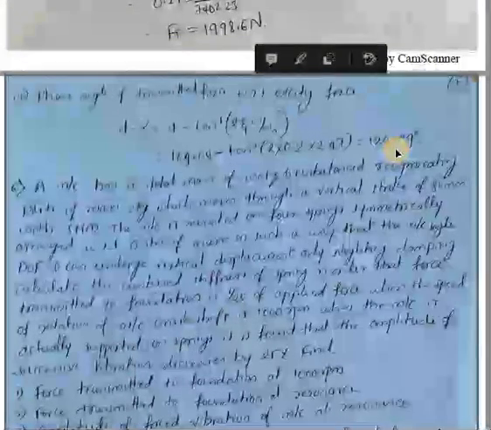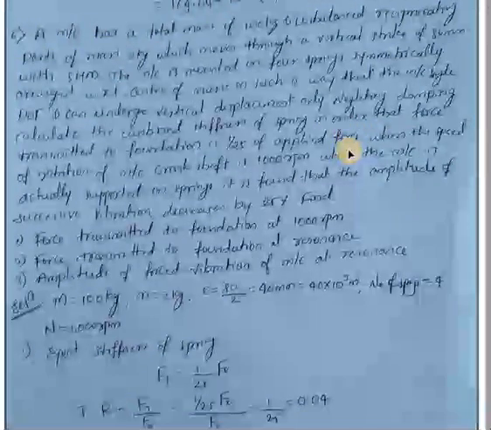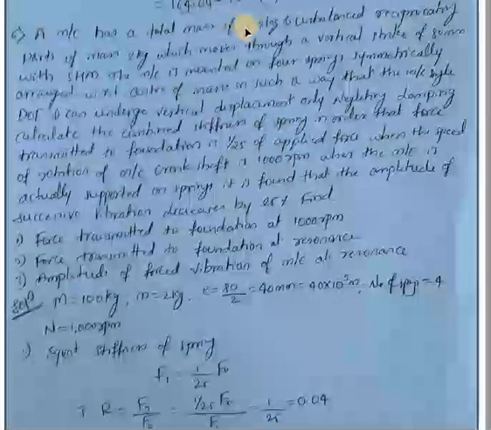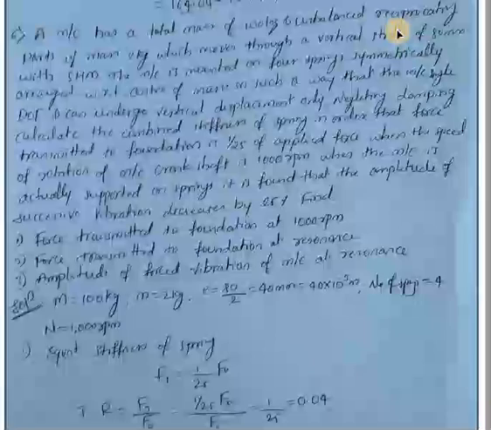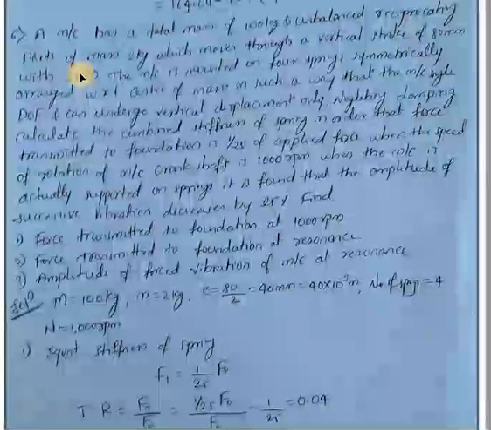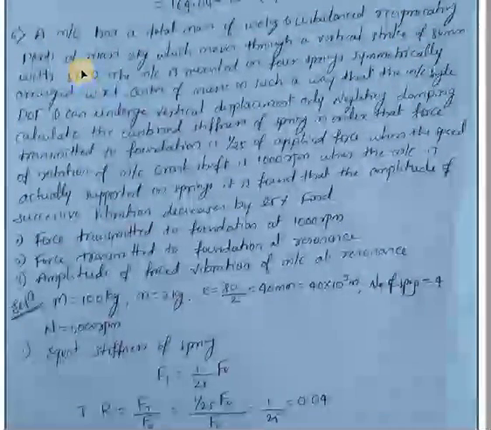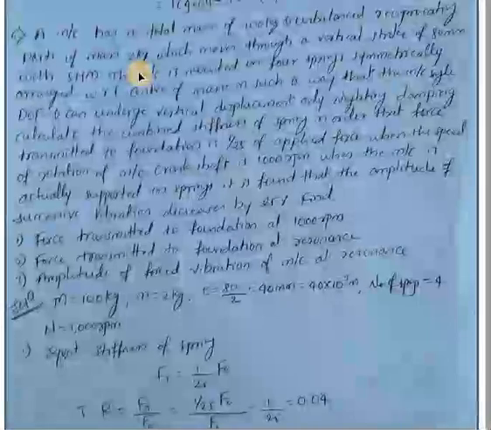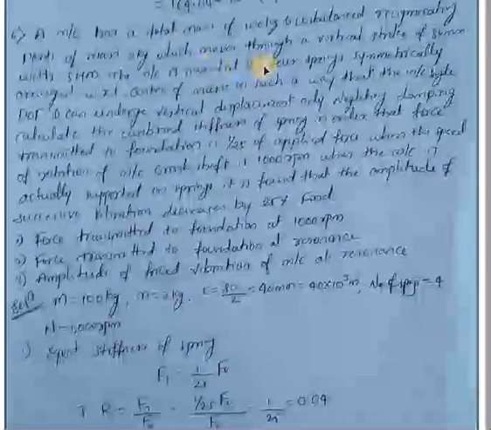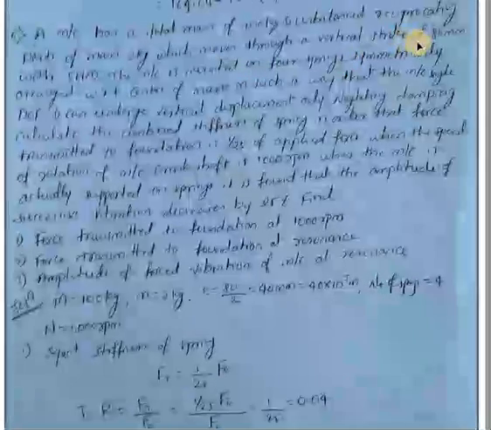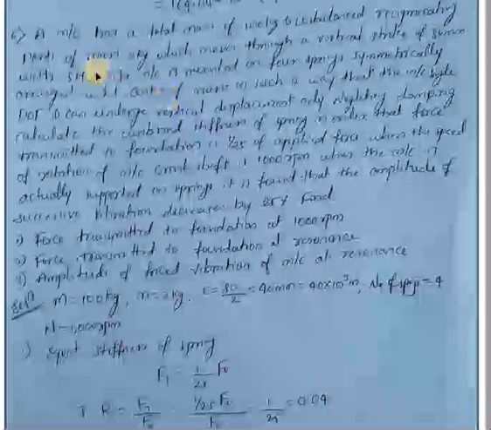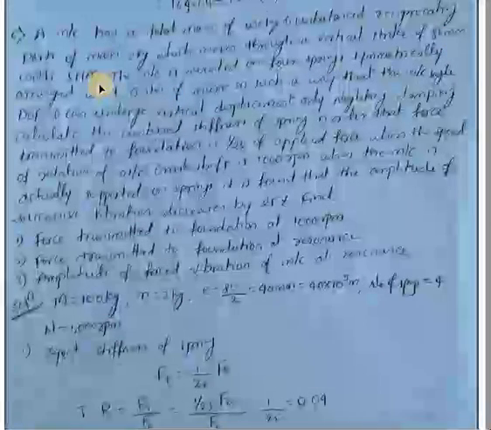Then the next problem is, the statement is: a machine has a total mass of 100 kg and unbalanced reciprocating parts, again it is a reciprocating one, of mass 2 kg which moves through a vertical stroke of 80 mm with SHM, that is simple harmonic motion.